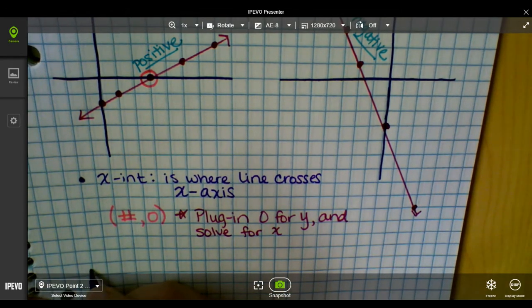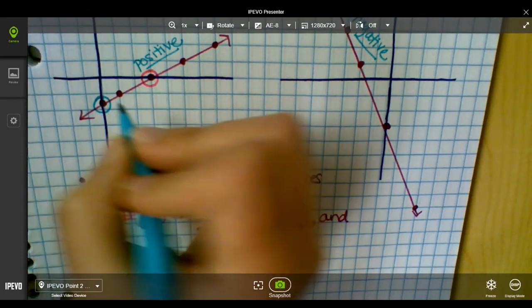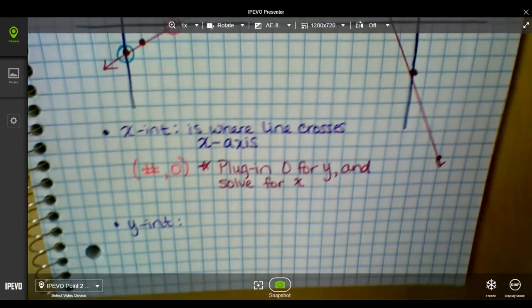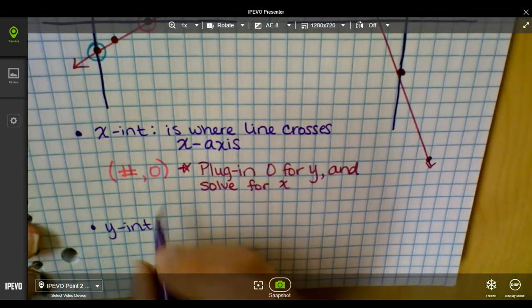Now, similarly, your y-intercept is going to be where your graph crosses the y-axis. So this is your y-intercept right here. It's pretty much the exact same thing that we wrote down for x-intercept, except everything's just going to change to y's now.